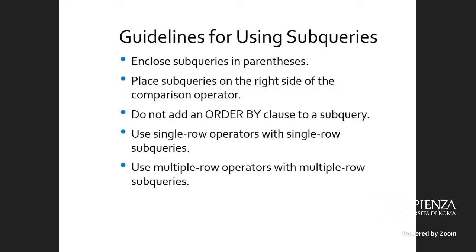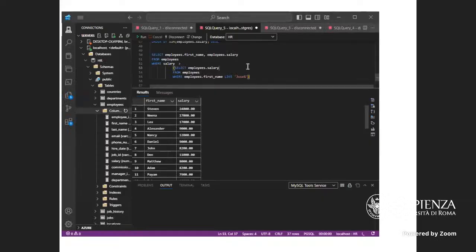Let me show you this on the screen so that you can see it. So the first thing is enclose your subqueries in parentheses. This is the inner query. This is the outer query.